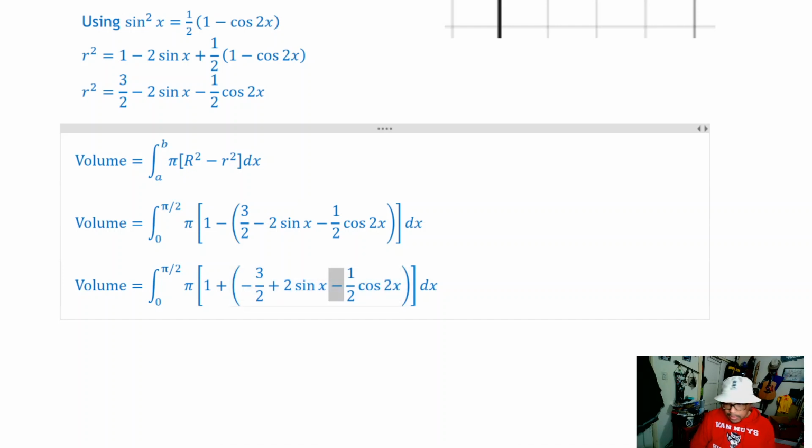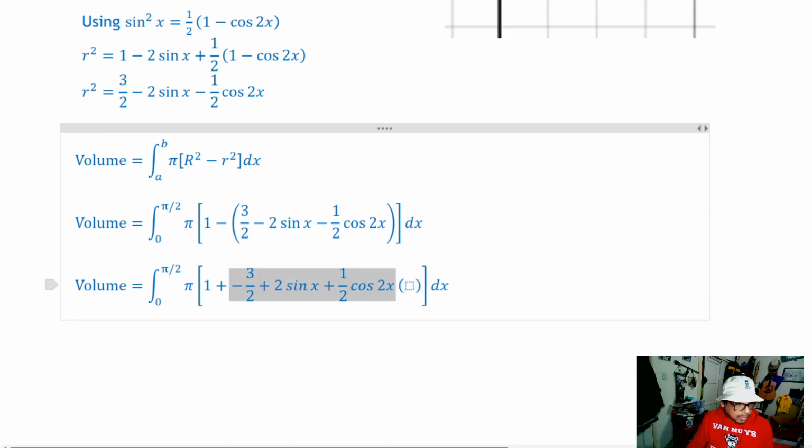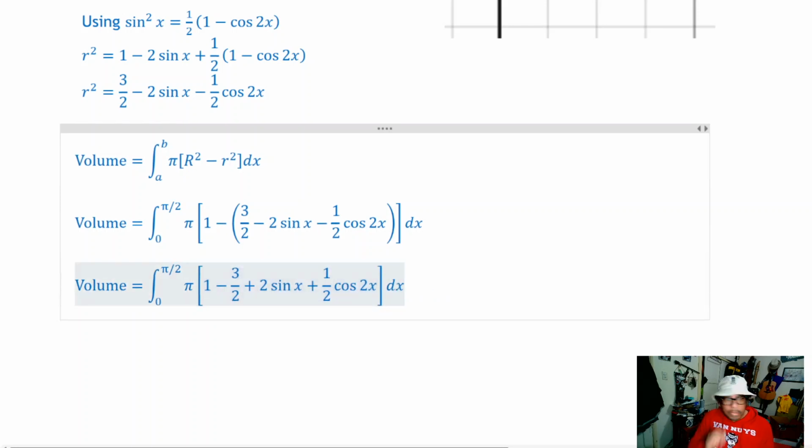That's going to change this guy to a plus. And now we can just take this and take that out of the parentheses. Okay, that looks good. We can also simplify this. 1 minus 3/2, that's negative 1/2.